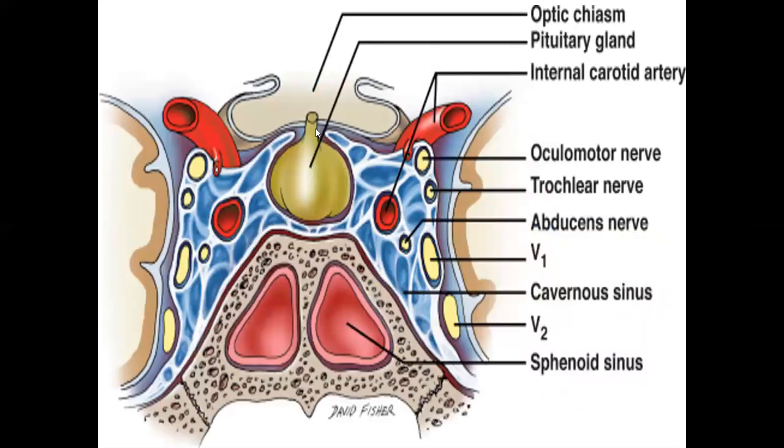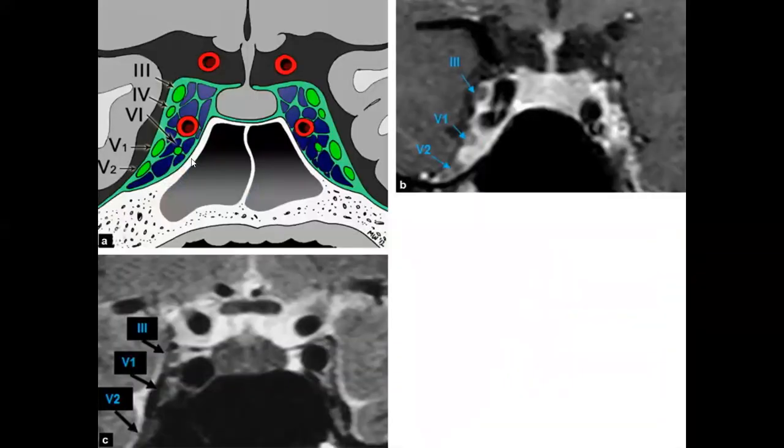You can see here again, this is the pituitary gland, this is the optic chiasm, this is the internal carotid artery, and the oculomotor, trochlear, and abducens are slightly medial, in between the internal carotid artery and V1, that is the ophthalmic division. This is V2, and this is the sphenoid sinus. Again, in the coronal section, you can see the third nerve, V1, V2, and the internal carotid arteries.